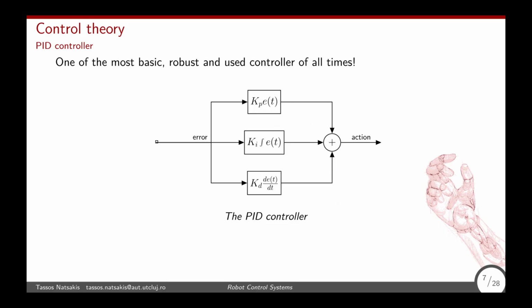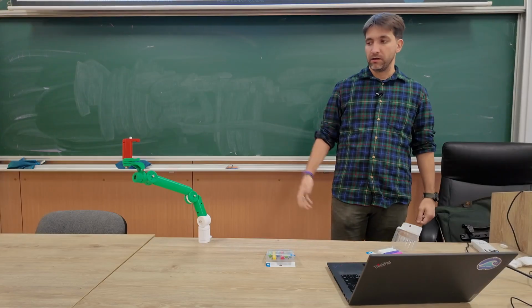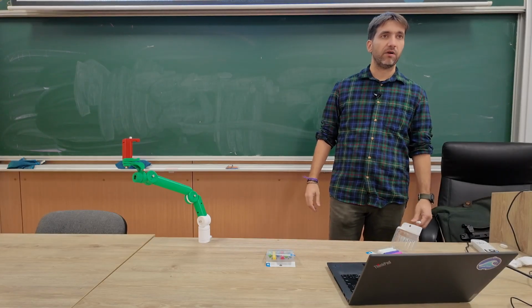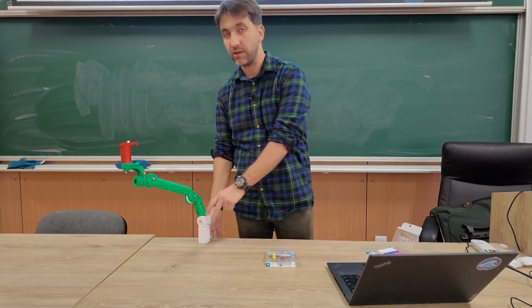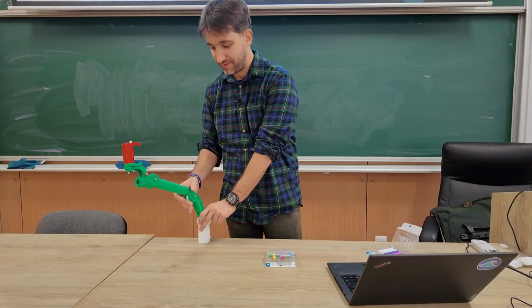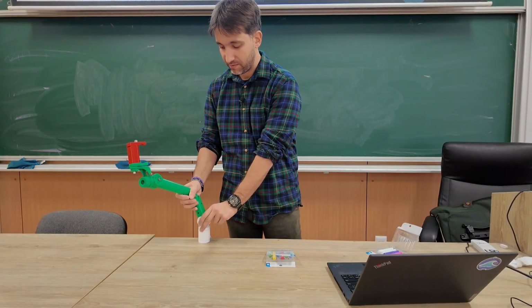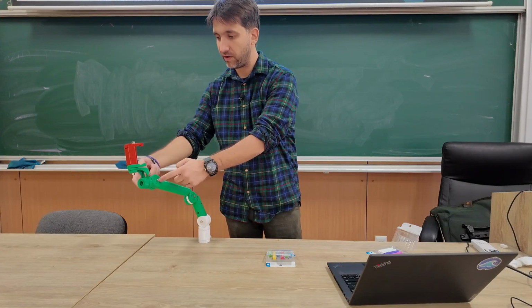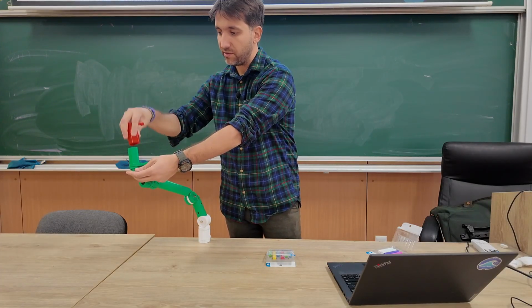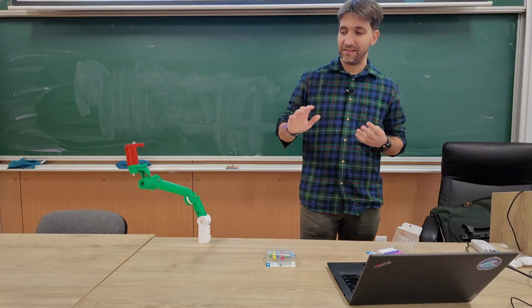So if we say that the set point and the response are joint coordinates, basically this error is the difference between these joint coordinates. How many joint coordinates do I have, let's say, on this robot? Give a number. It doesn't have to be correct. Then we have 1, 2, 3, 4, 5, 6, 7. Doesn't matter.